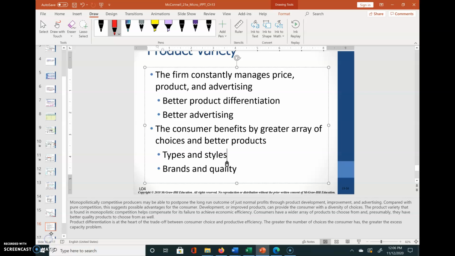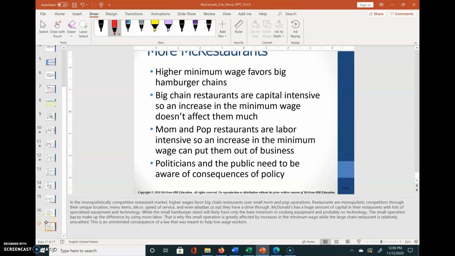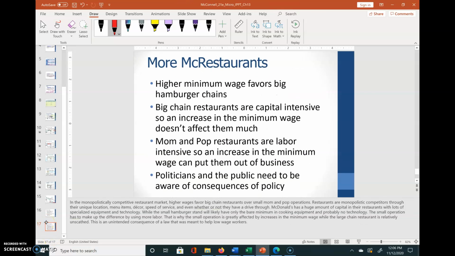Now, why is this something that we see in a society? We see this, and we also see that we have more choices as a whole in a society. We see a lot of variety. Variety is the spice of life.